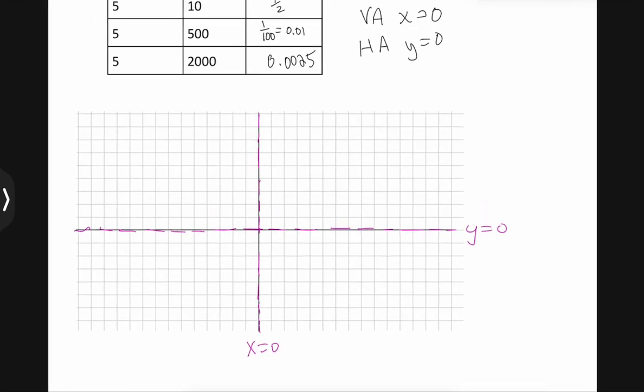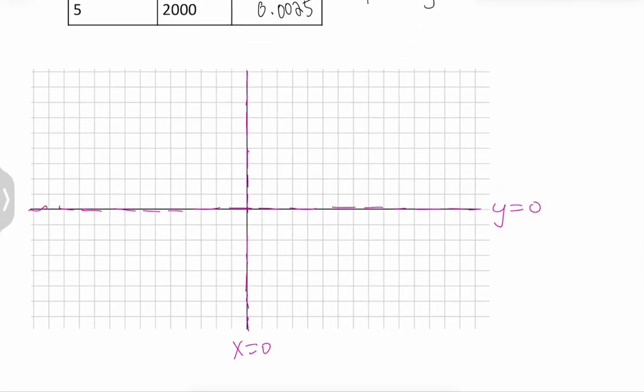Now, this is a real-life application. There is no negative portion of this graph in real life. We can't have a negative number. We're not going to assume we spilled it all on the ground, but let's actually plot the points. At 1, we were at 5.